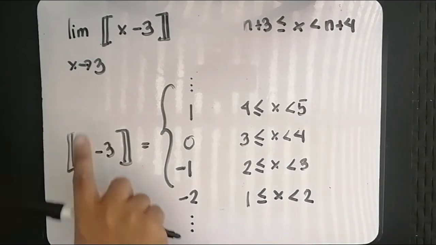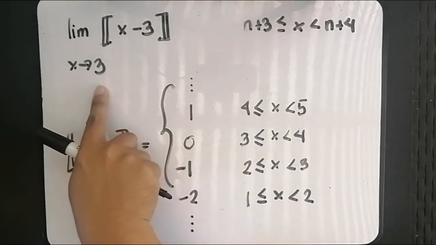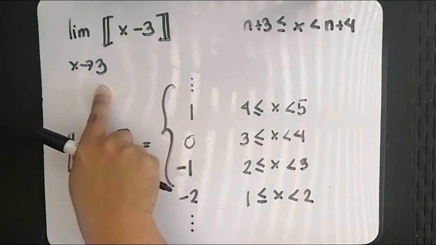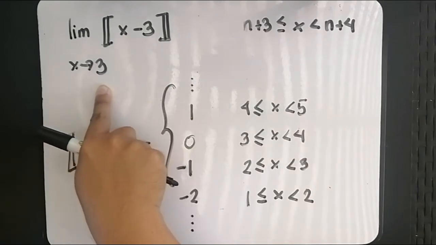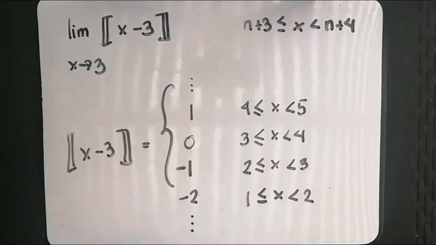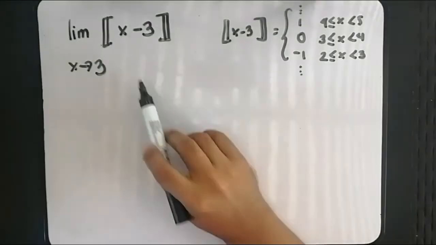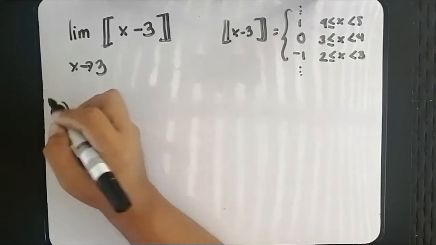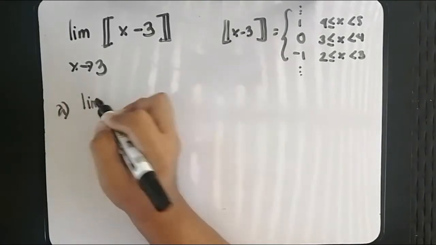Now, ang gusto natin, kunin yung limit na ito. So we need to check yung less than 3 at yung mga greater than 3. Now, we wish to find the limit of this. So we need to check the limit from the left and from the right.